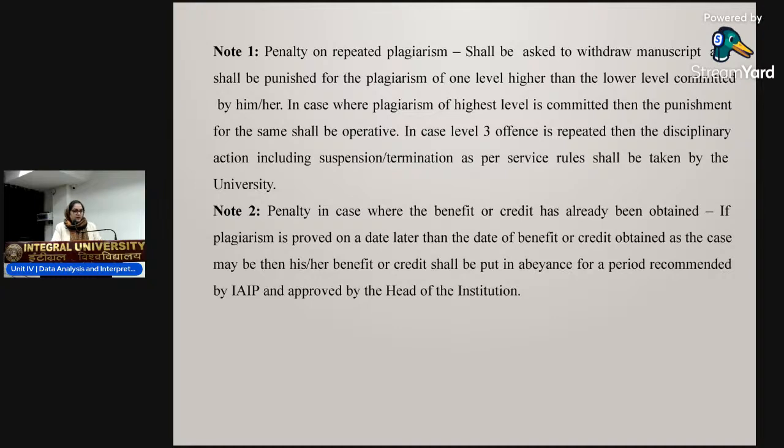For taking care of all allegations that may arise because of misconduct, they have to be referred to the institutional academic integrity panel or the scientific investigation board. And depending upon whether the documentation has been able to prove innocence or guilt, penalties will be decided, and the penalties have to be decided as per the UGC norms. So I have already made you aware of the penalties that are there.